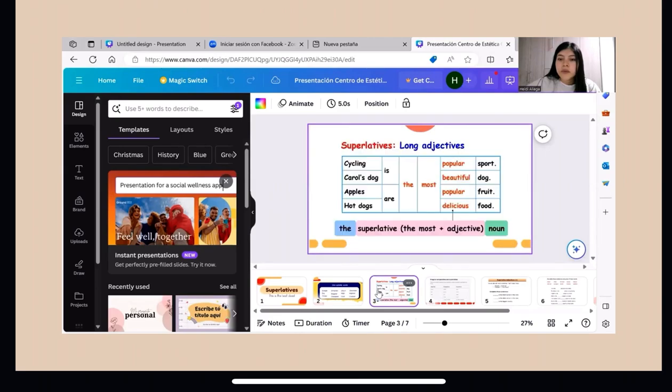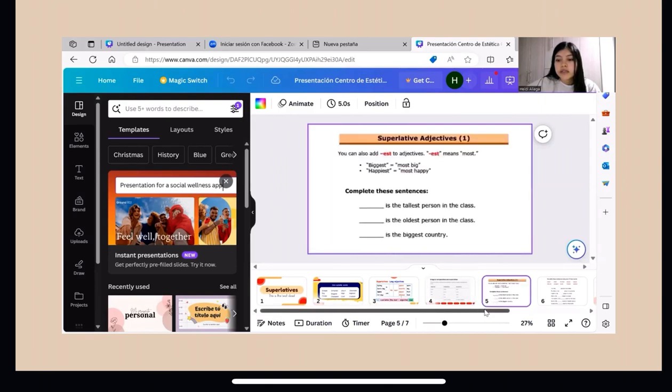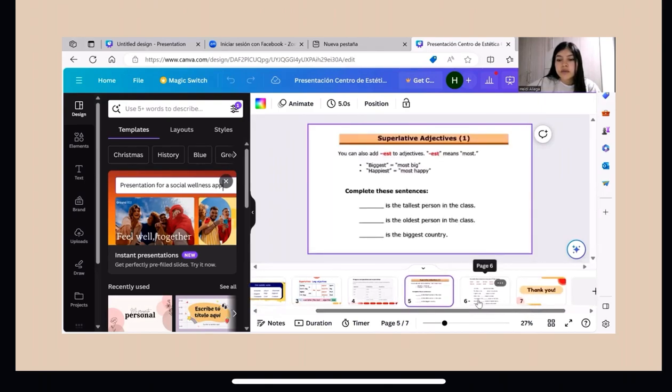And then we have the long adjectives, where you don't add this rule, you use the most. So here we have the form, and they are realizing how to use it. Then the irregular superlatives. So here we have, and we also remember the comparative words. And then here we have the exercises that the teacher is going to provide.